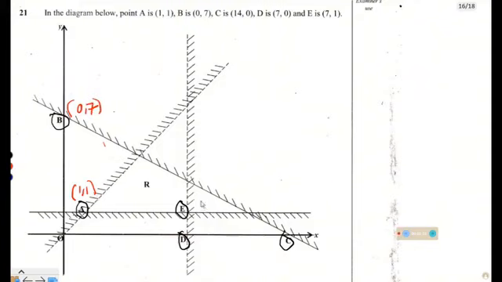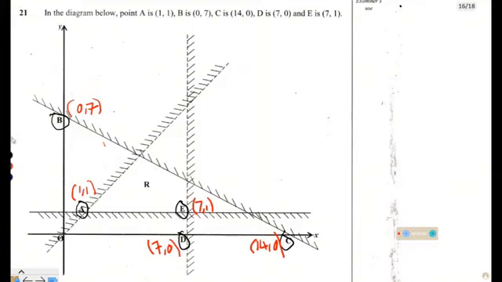Then point C, down here, is (14,0). Then D right here is (7,0). So before you do anything, first take note of these points. Then E is (7,1). So these are the points that we have.